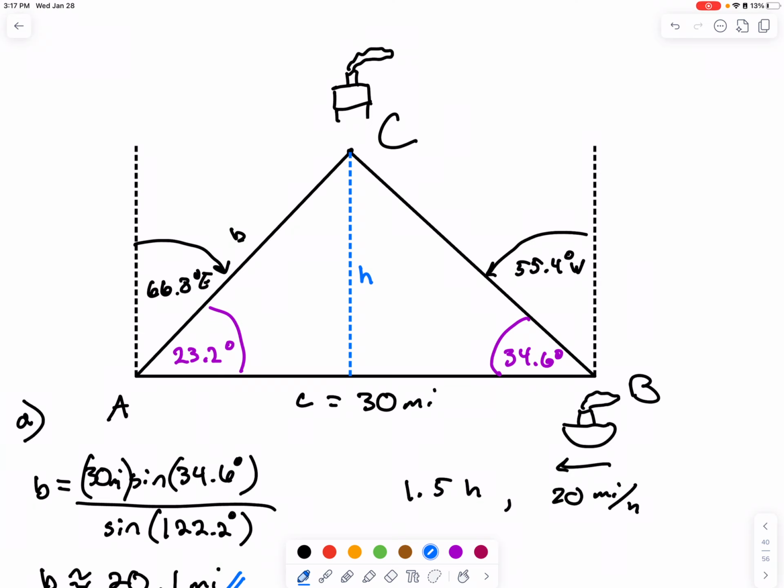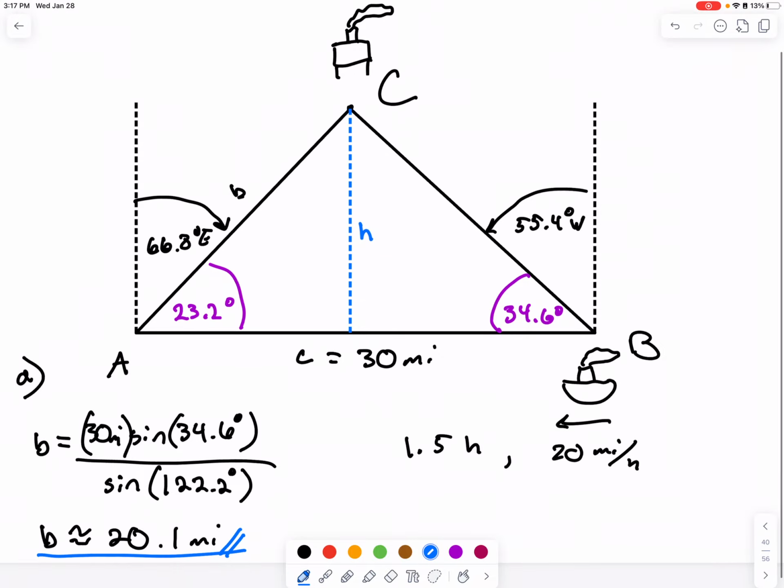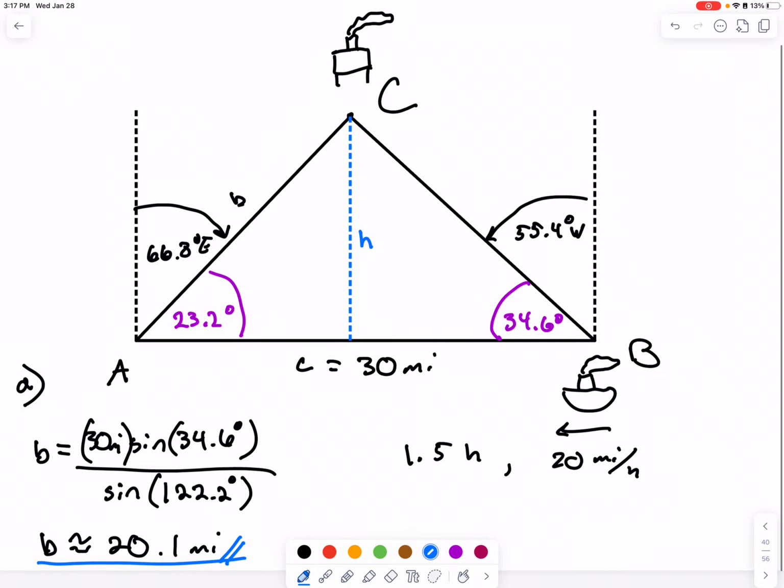Opposite over hypotenuse. So we can use that distance, that result we got for side B. So the sine of A should be h over B. Okay, so we're working on this part. The sine of angle A should be h over B.